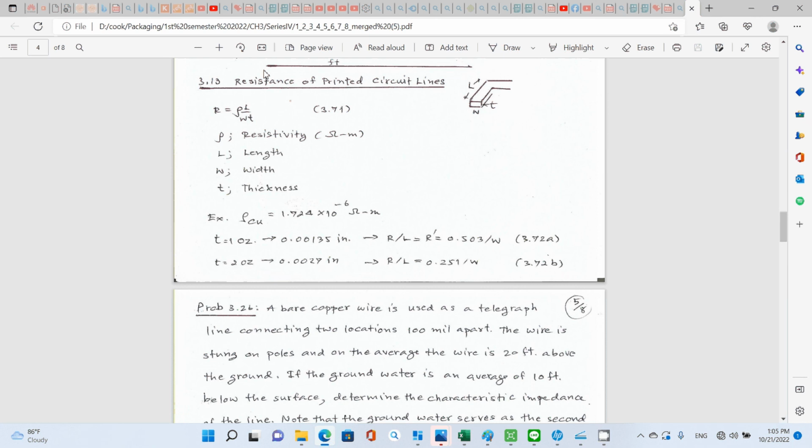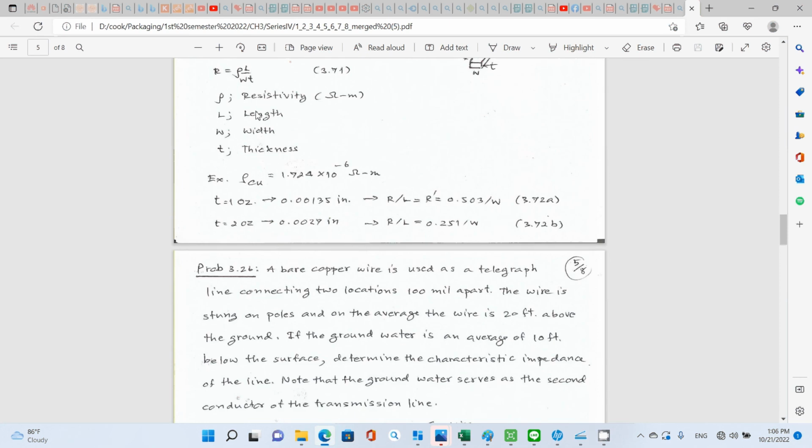The next one is topic 3.13, resistance of printed circuit lines. It is going to be your rho L over W T. You're probably familiar with this already, so I don't need to explain. And for copper cladding, 1 ounce, the thickness is going to be 0.00135 inch.